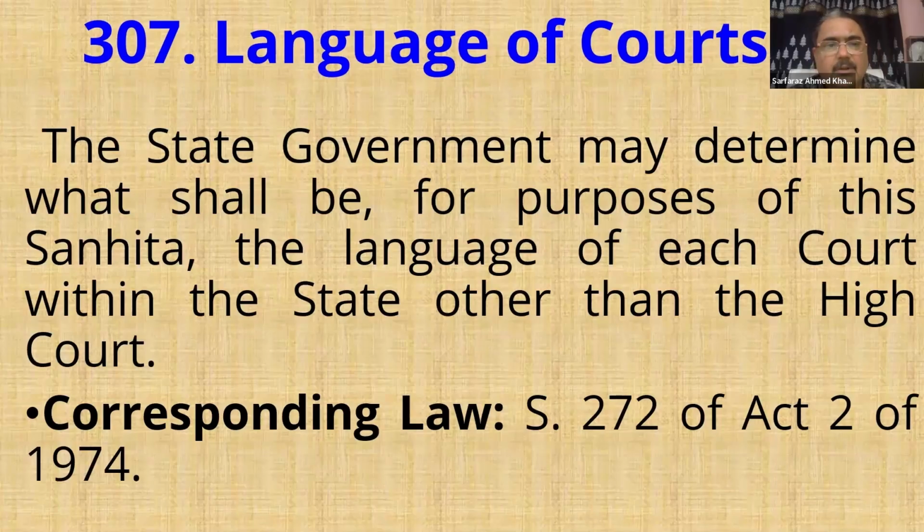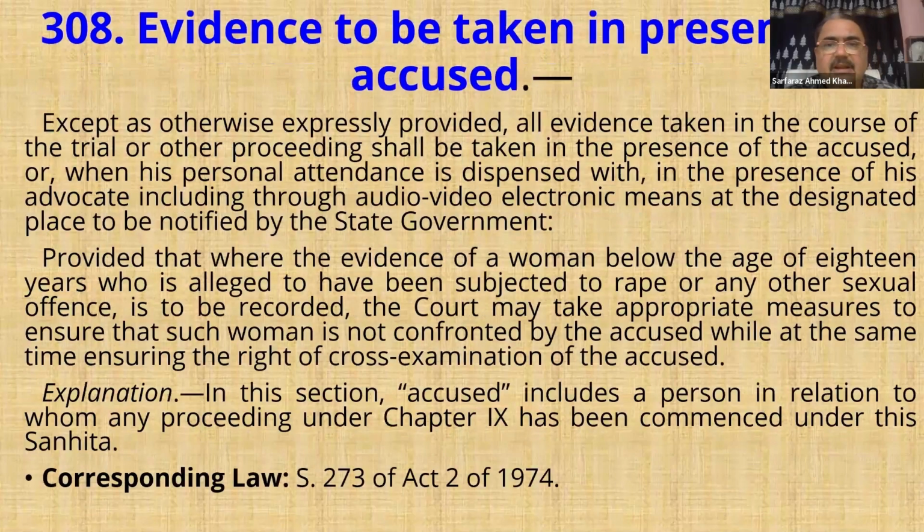All three are the court's language. So 307 says the state government may determine, for the purpose of this Sanhita, the language of each court within the state other than the high court. So other than the high court, in each state, what is the language of the court? That is the state government's prerogative.